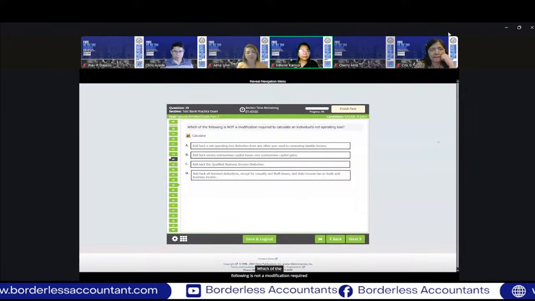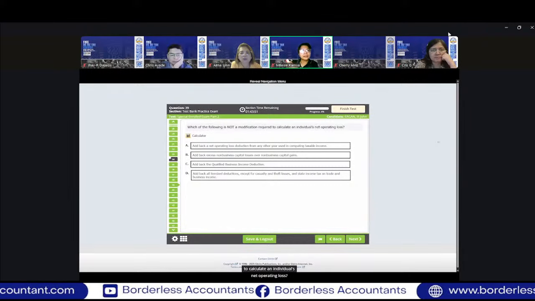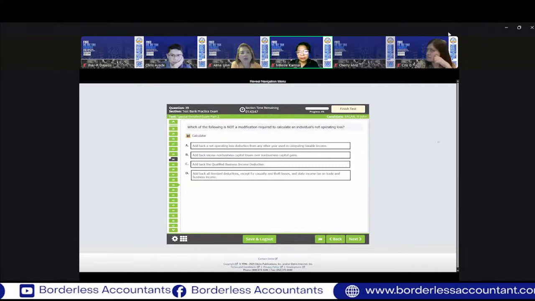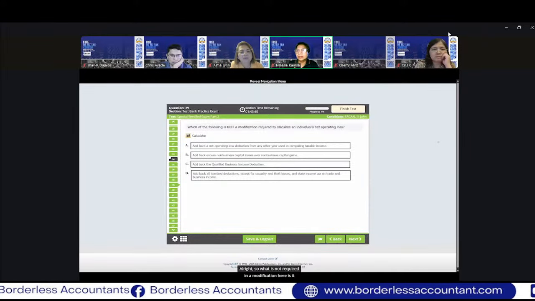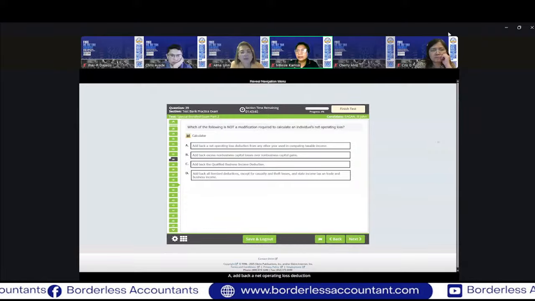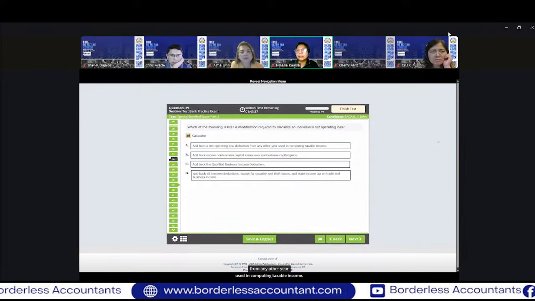Which of the following is not a modification required to calculate an individual's net operating loss? All right, so what is not required in a modification here? Is it A, add back a net operating loss deduction from any other year used in computing taxable income?